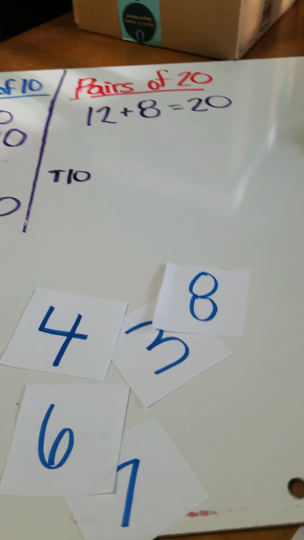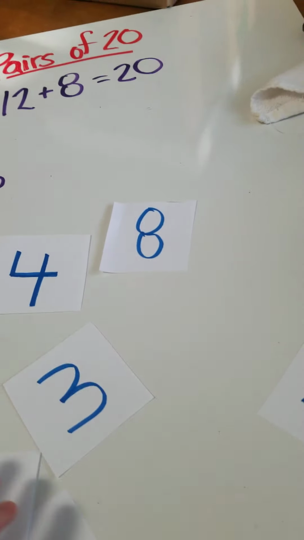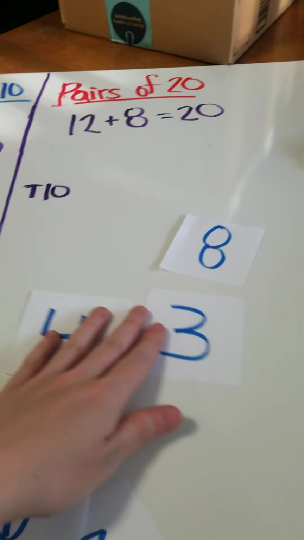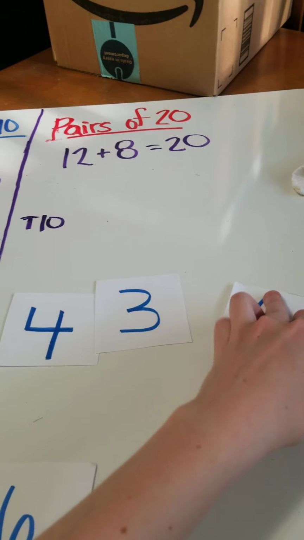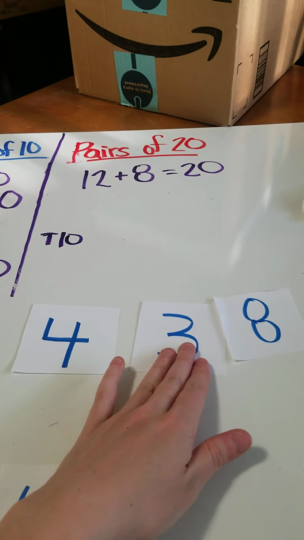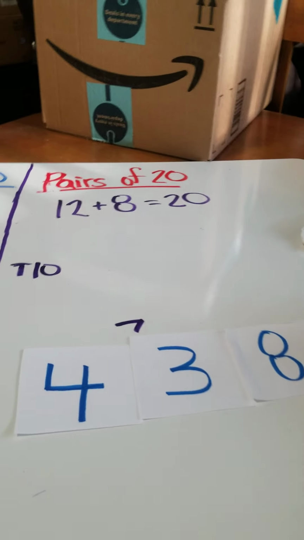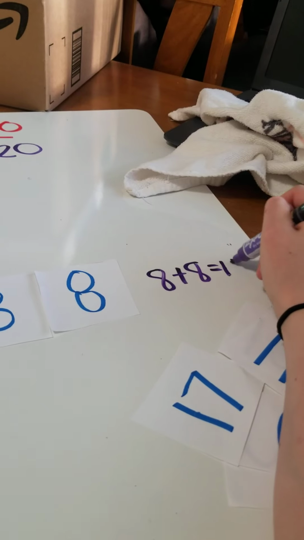Let's see, is there any way that we can make 20 with all of these cards? Well, this will be the trick that Mr. Mack was teaching you on Friday. So looking at these cards, if I know this is 7, 7 plus 8, and I know my doubles, so my 8 plus 8 double equals 16.